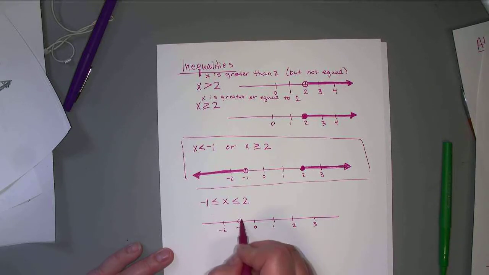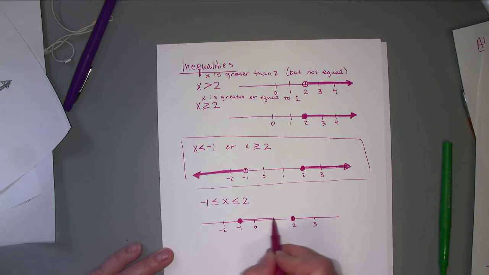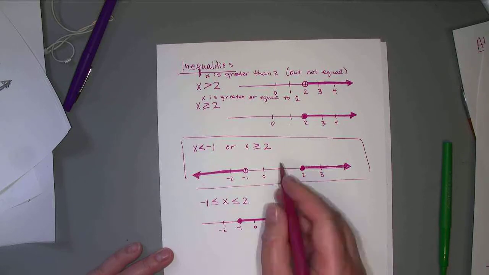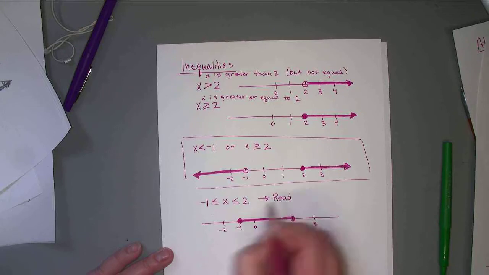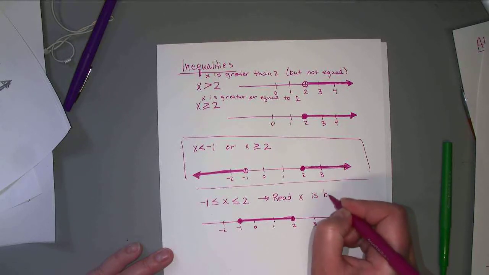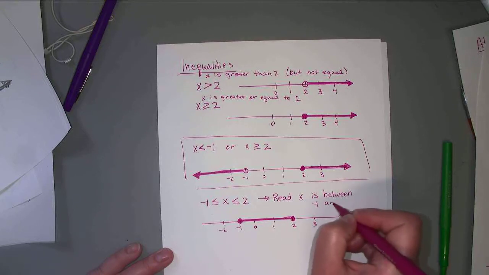So this is saying equals -1 and equals 2. And there's no arrows on these because they're just the values in between. When you're reading this, we don't read it from left to right. You actually read this as x is between -1 and 2.